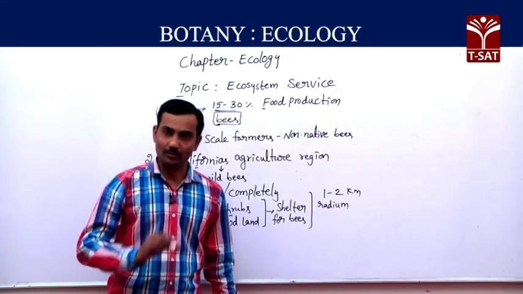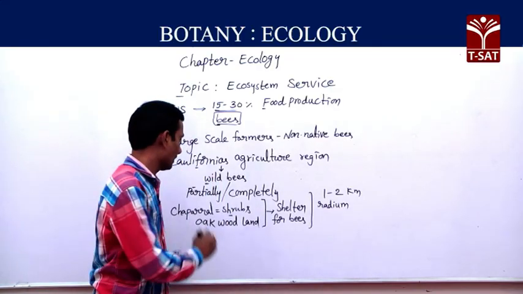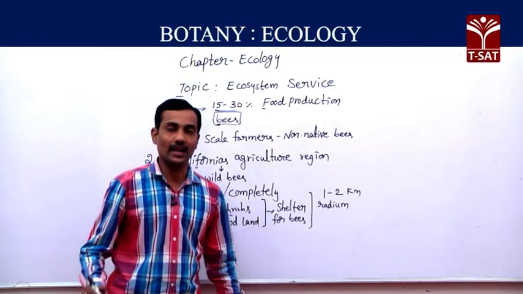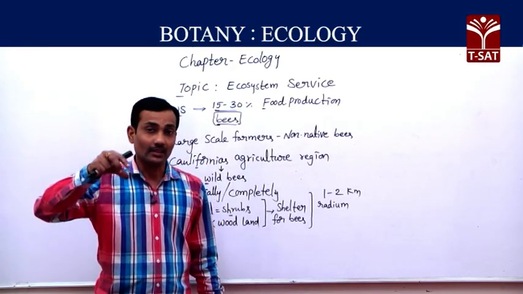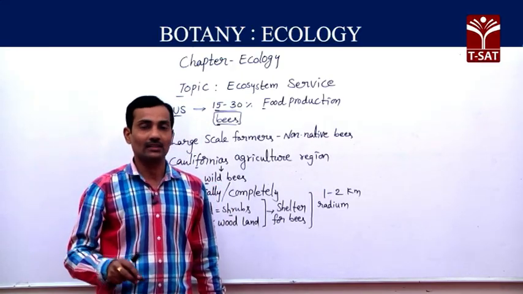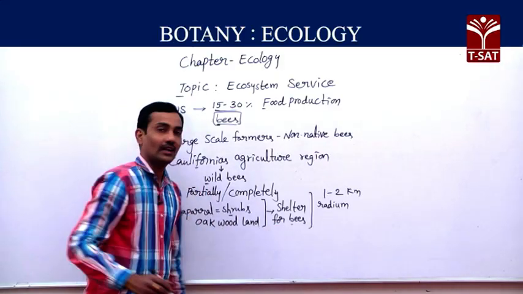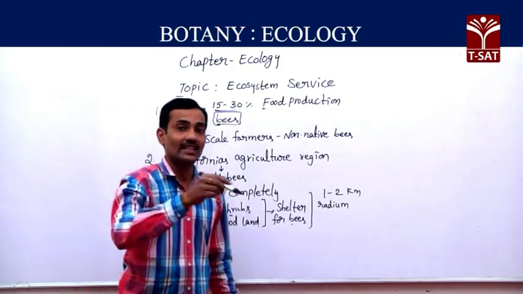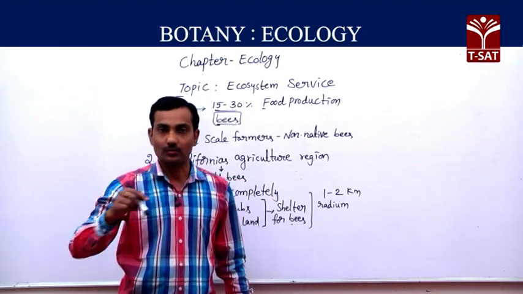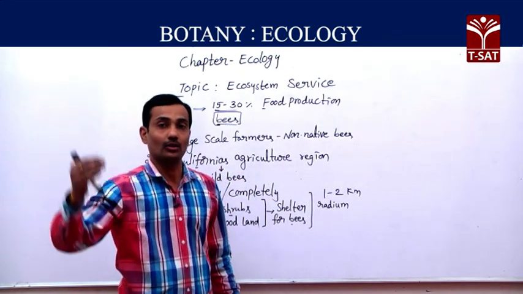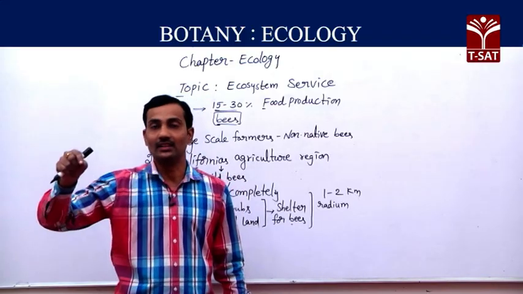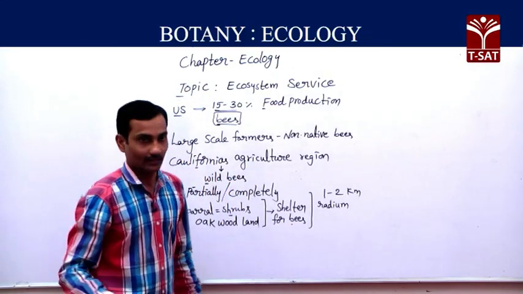Wherever this plant community is there, like shrubs and oak woodland trees, they are providing habitat or shelter for bees, and they are participating around those plants, covering a 1 to 2 kilometer radius, in the pollination mechanism.